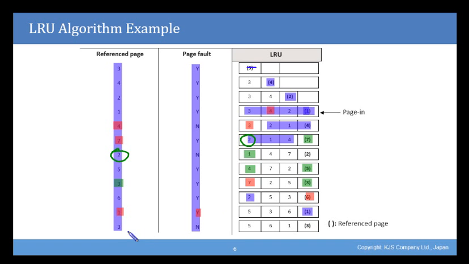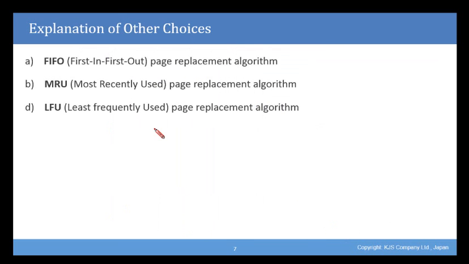Now when we access the number 3 at the very end here, we already have 3 in our table, so there's no page fault. All this does is reorder the main memory, and our final output of memory is going to be shown here, which is 5613.